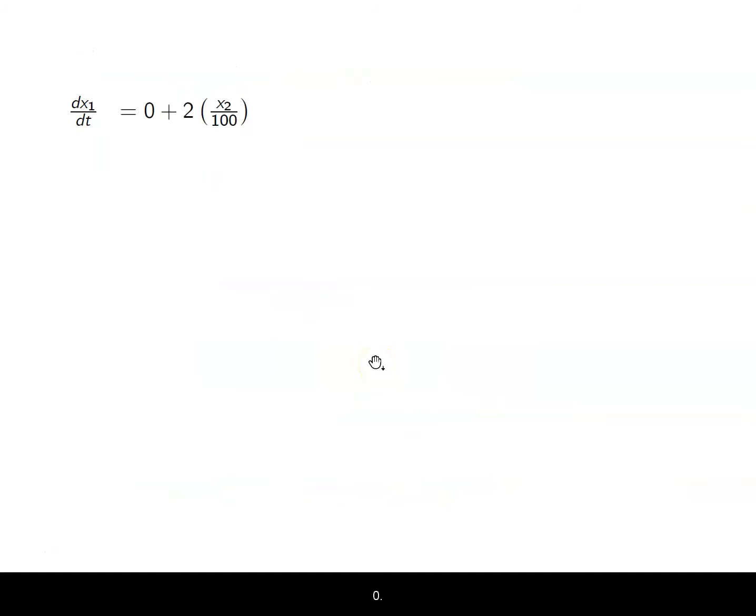So 2 times whatever was coming from tank 2 divided by 100, because that's how much fluid is in tank A total. And I'm going to subtract what's coming out, however much solution is coming out times the rate. When I simplify this, 2 over 100 is 1 over 50, and 6 over 100 is 3 over 50.